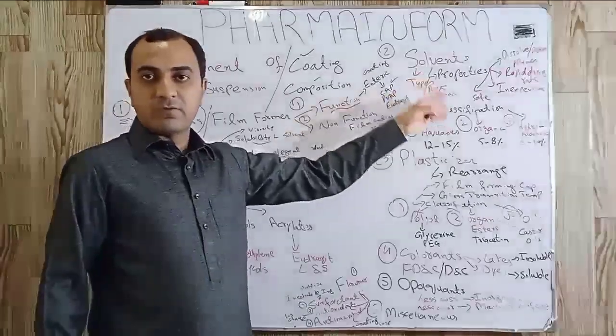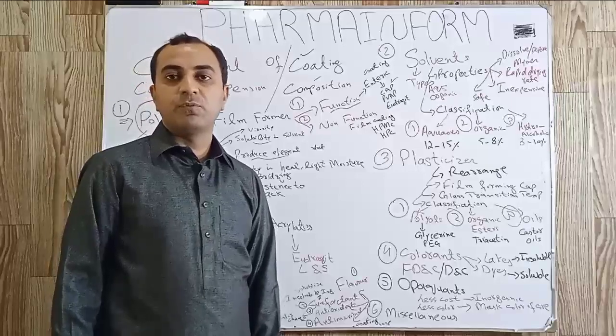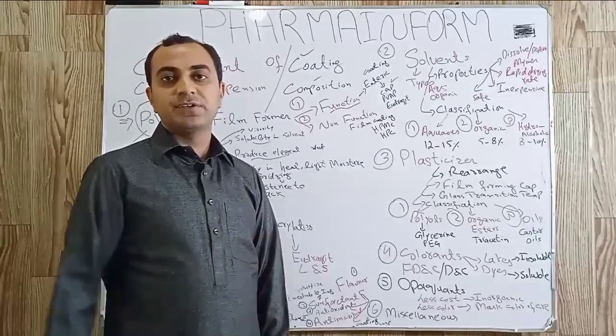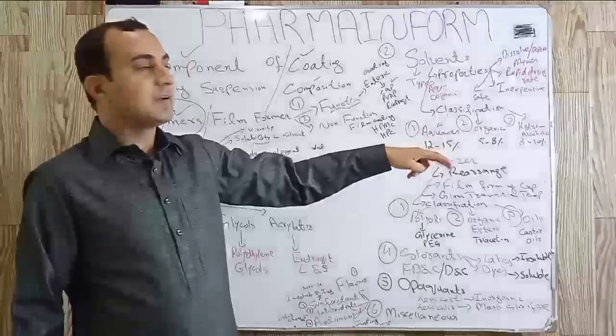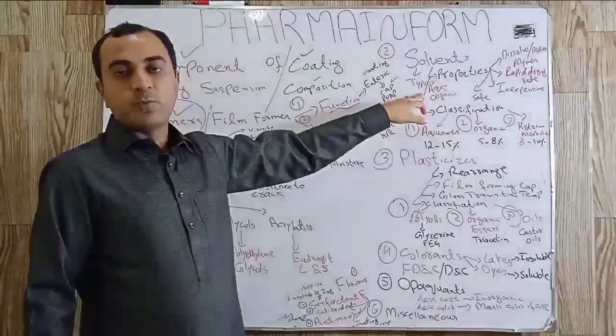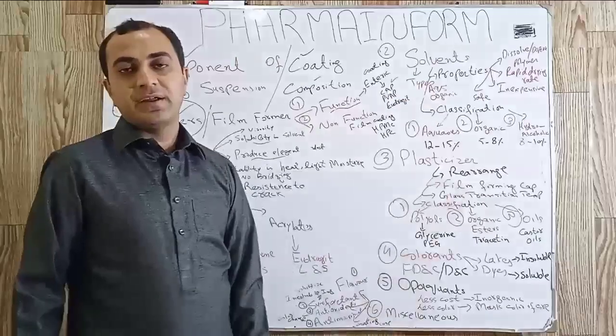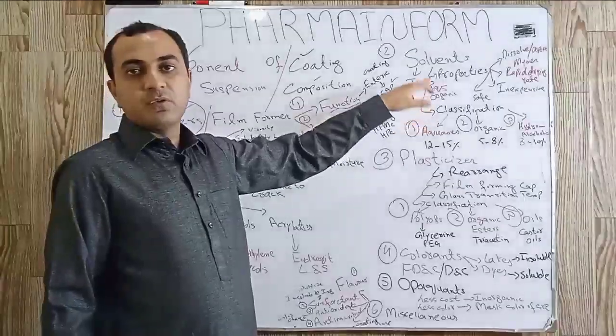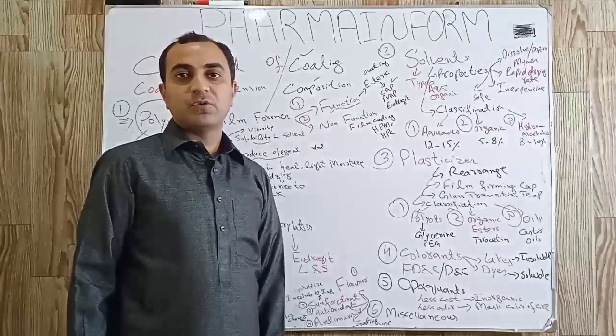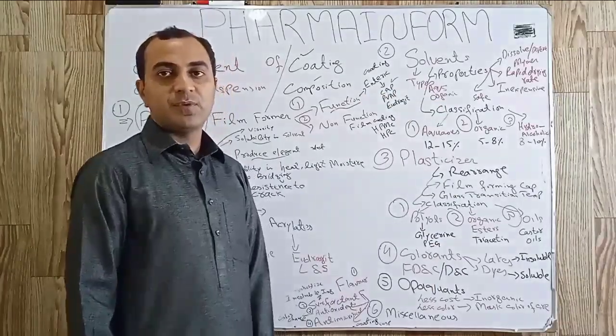In the aqueous coating we have advantage of human safety and environmental safety. Regulatory bodies demand to use water as a solvent to protect the environment and our operators. So we should try to use on the first priority aqueous solvent like water for suspension preparation.